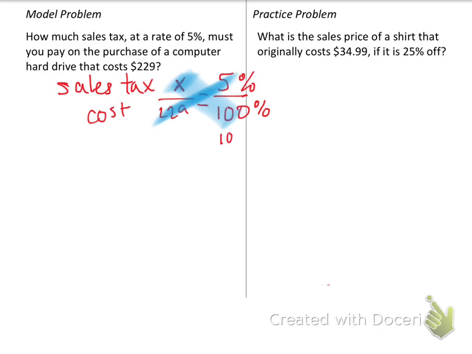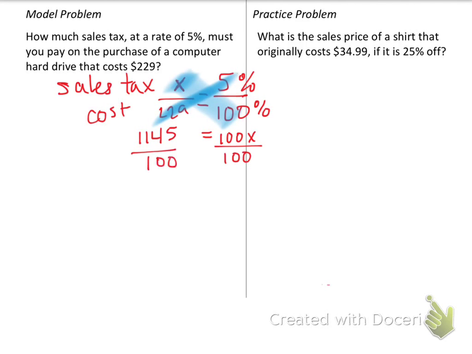We get 100x equals 229 times 5. Remember, we can't do 5%, so we have to do times 5. Oops, I did all my math wrong, I'm skipping ahead. So 5 times 229 is 1,145. Divide by 100.